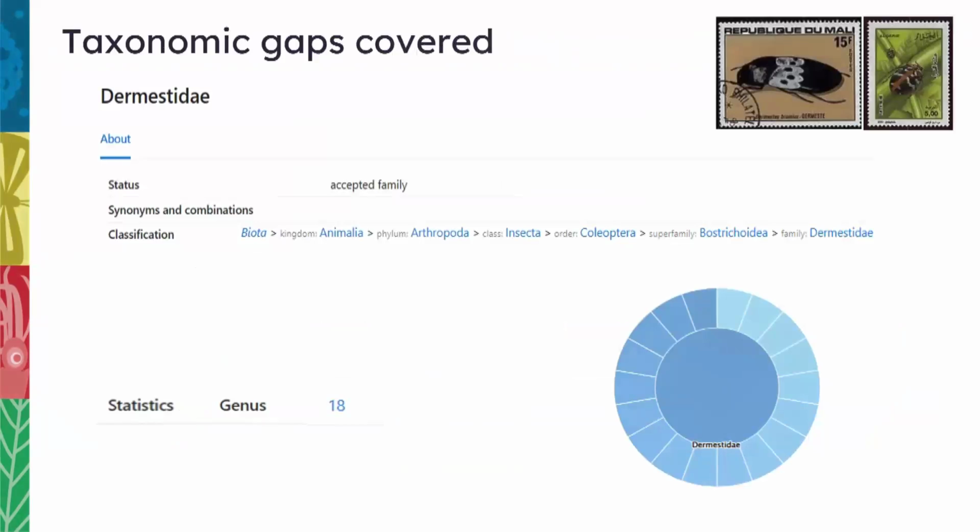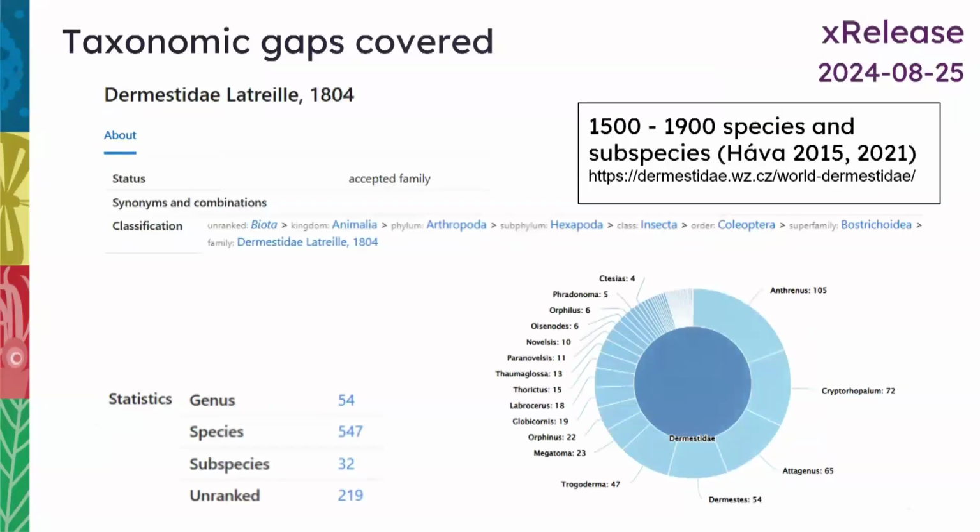We have confirmed that some taxonomic gaps are being filled in the extended release, at least partially. In this case, the base catalog only has 18 genera of a family and no species. In contrast, the extended release integrated more than twice as many genera and more than half of the species described for the family.